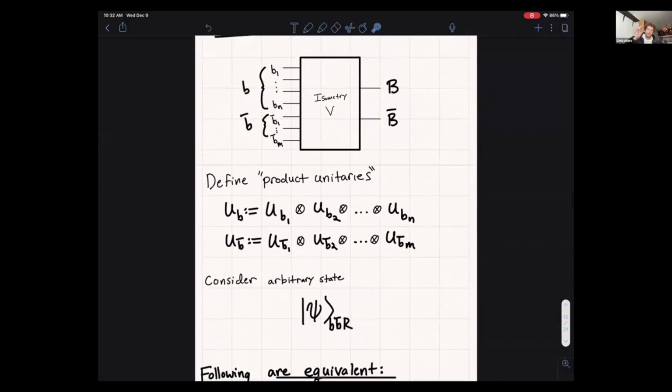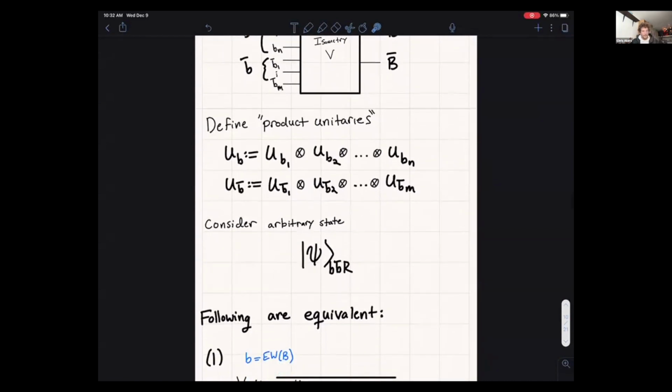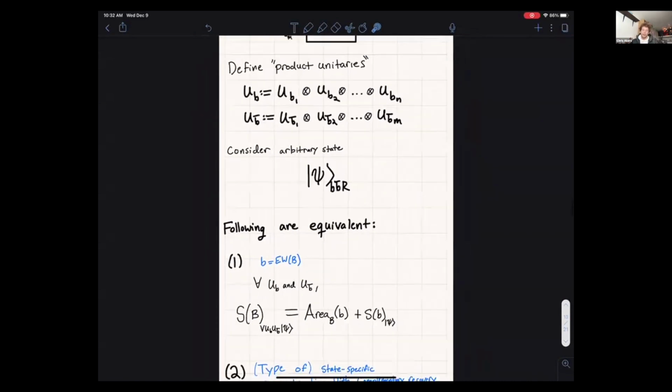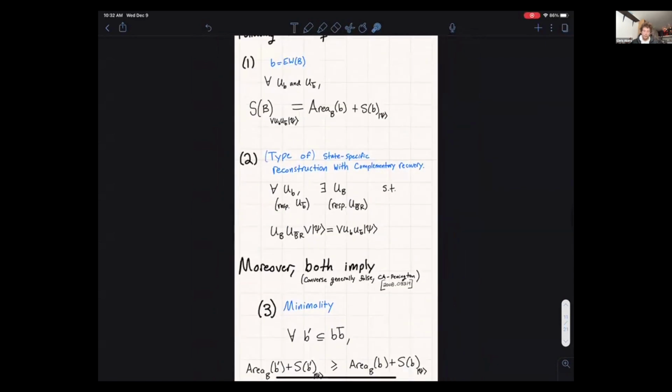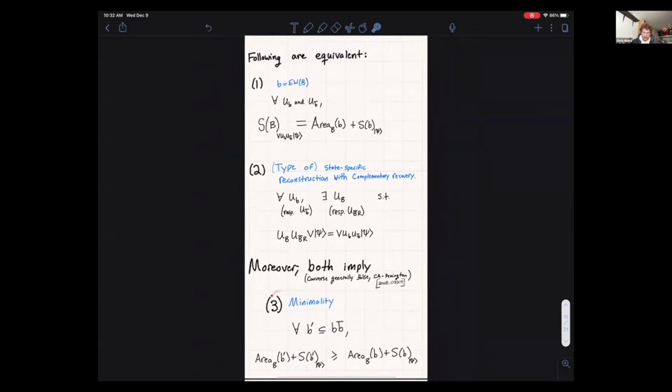Moreover, we're going to consider some arbitrary state on the inputs. That arbitrary state can even be mixed, and in that case, you purify it with a reference. So in general, we're going to consider some pure state on the inputs union a reference. Then the theorem says that the following two conditions are equivalent, and moreover, that they both imply this third condition.